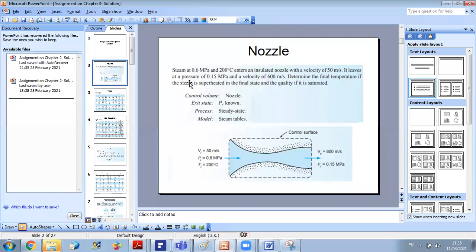It leaves at a pressure of 0.15 megapascal and a velocity of 600 meters per second. Determine the final temperature if the steam is superheated in the final state, and the quality if it is saturated. Okay, so let me zoom in a little bit for you.